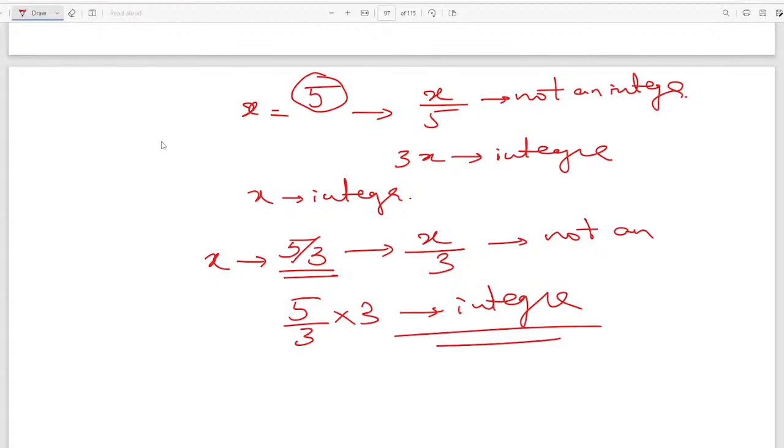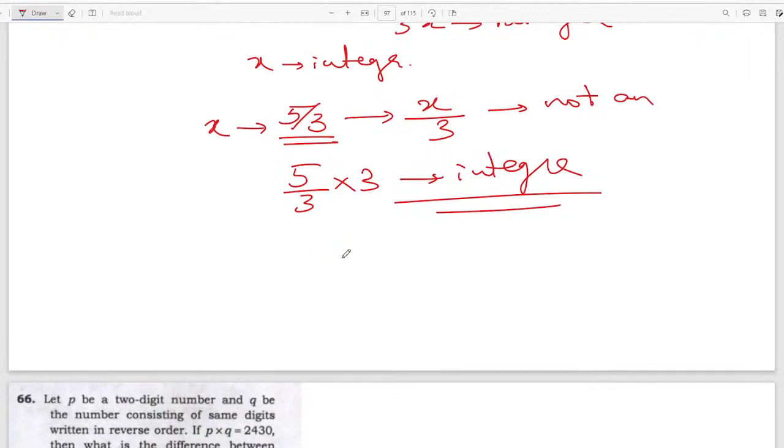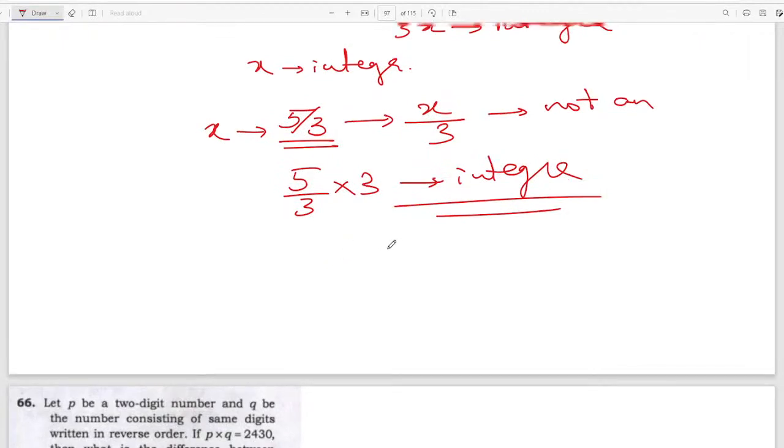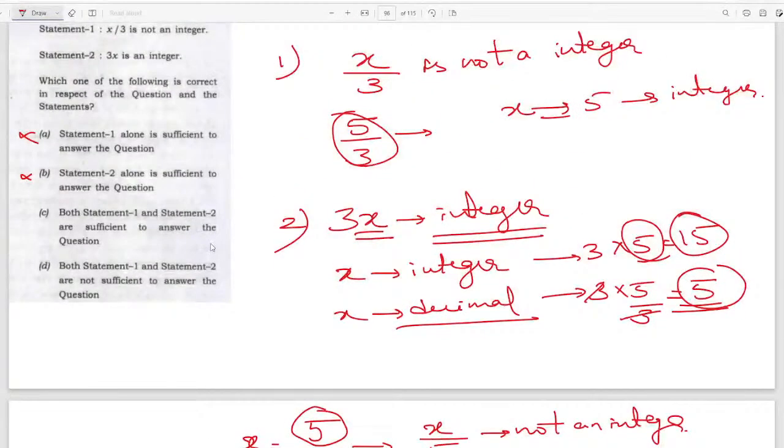So when I combine both these statements, even then I cannot say whether x is an integer or not. After combining these two statements, that is x by 3 is not an integer and 3x is an integer, I cannot conclude whether x is an integer or not. X can be an integer and x can be a decimal also. And both these statements can be true when x is an integer and when x is a decimal.